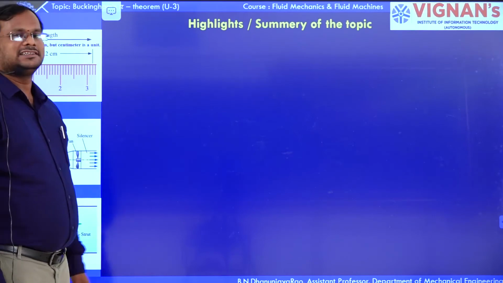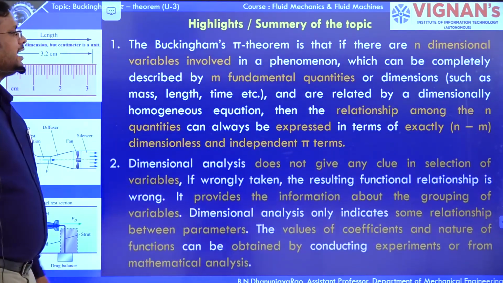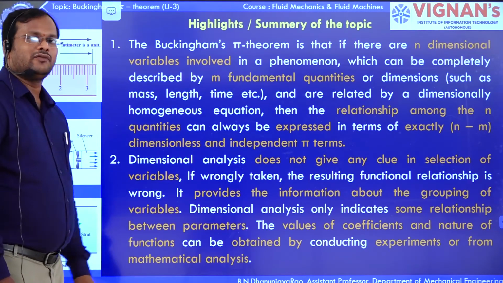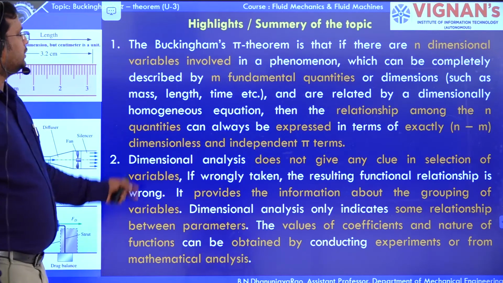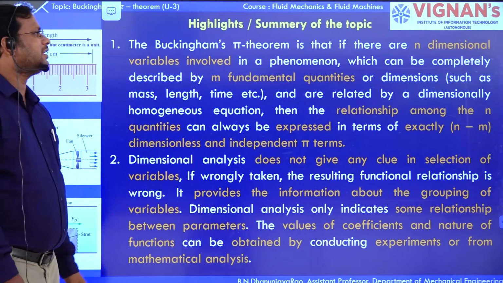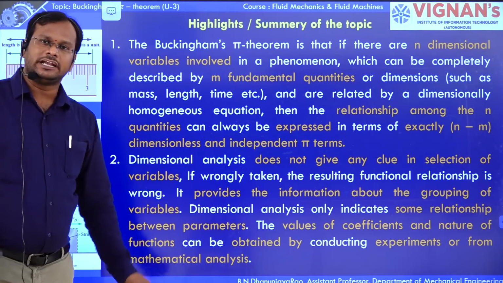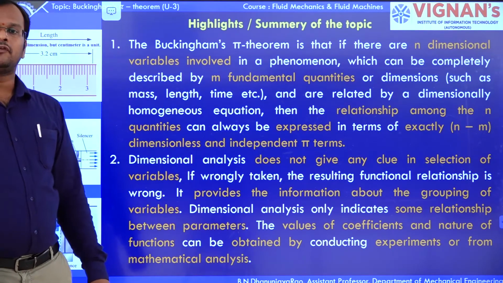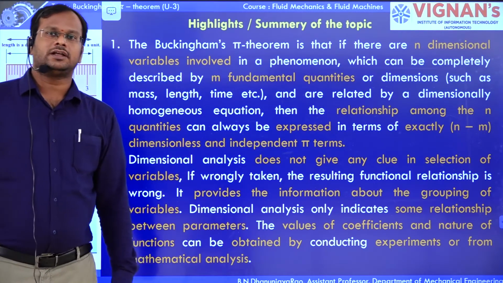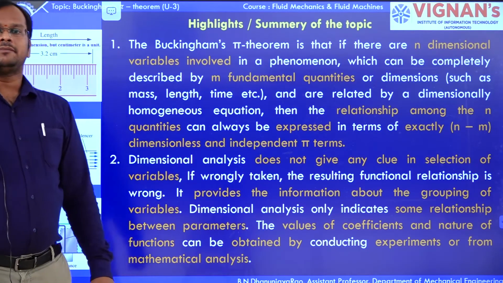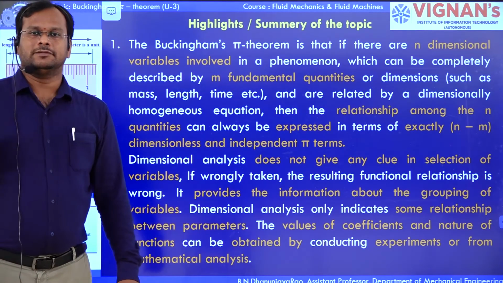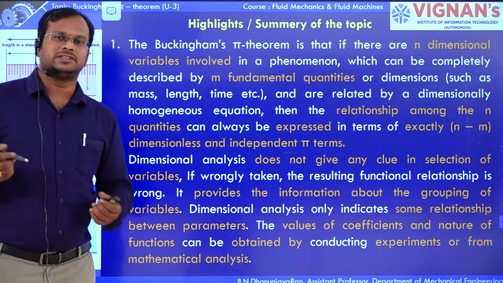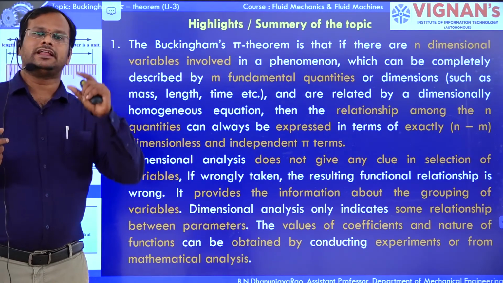And here are the highlights or summary of the topic. One is Buckingham's pi theorem, the second is the drawbacks of dimensional analysis. In Buckingham's pi theorem, there are n variables involved, dependent and independent variables, and m fundamental dimensions involved, so that we need to form n minus m pi terms, dimensionless groups. From these pi terms, we apply dimensional homogeneity so that we can get each pi term expression.